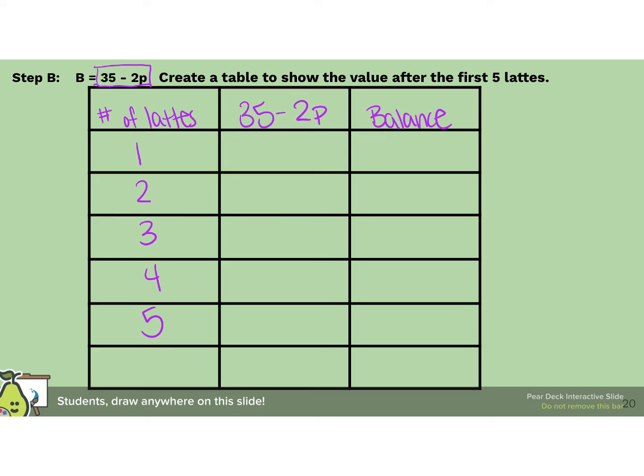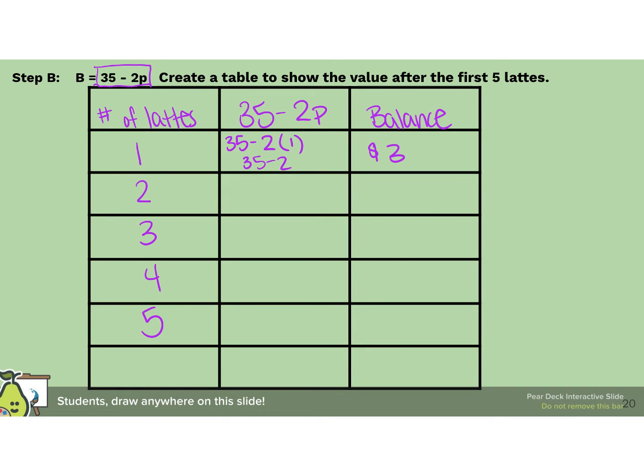So now you just have to do the math and see how much money he's got. He started with $35. That's why it says 35 minus. So 35 minus 2, what's the first number of lattes? It's 1. That's 35 minus 2.